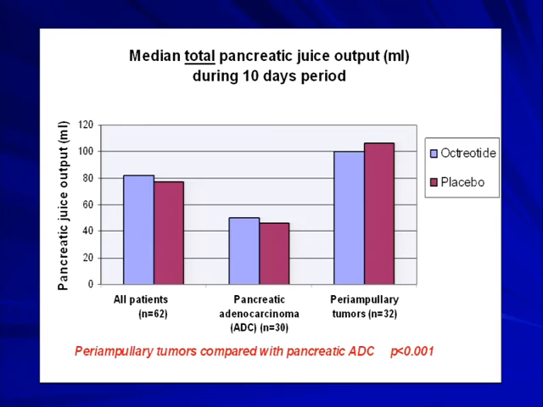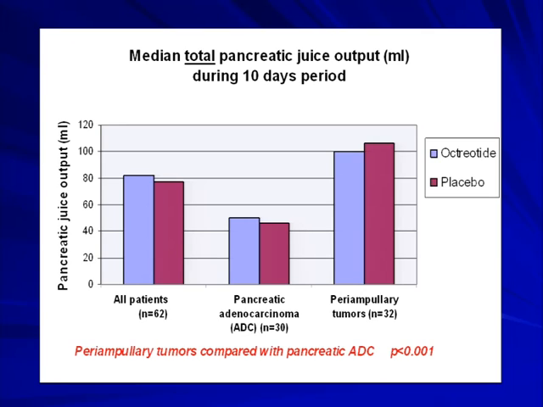Then, when we come to the median total pancreatic juice output during 10 days, there was no difference whatsoever between the group of patients with octreotide and with placebo, and we stratified the patients depending on the diagnosis.